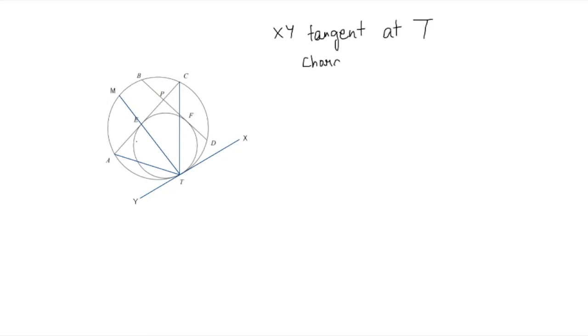The consequence of this would be that this angle ATY would equal this angle ACT. So I would mark this for convenience. So this angle right here is equal to this angle here.